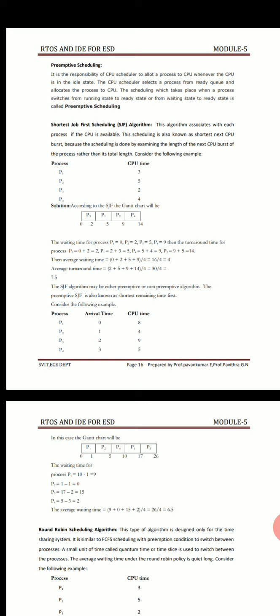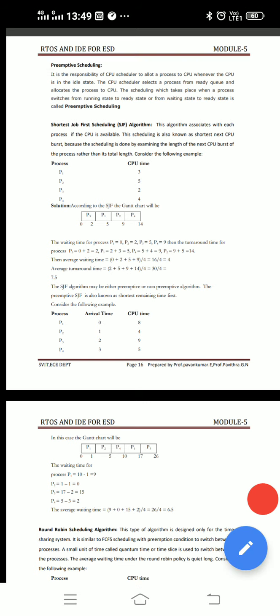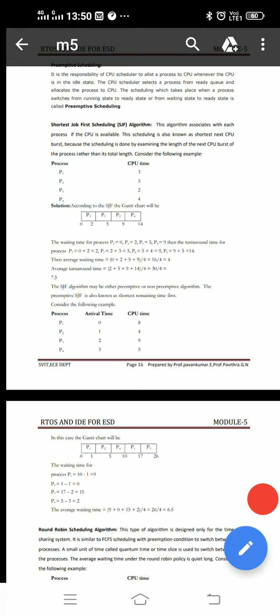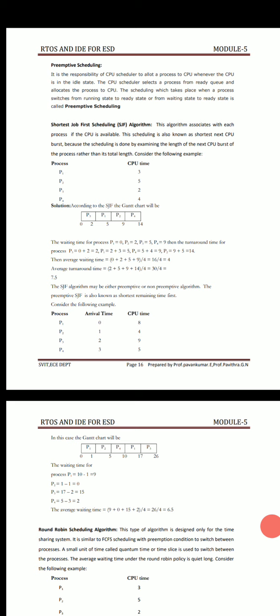So we have different scheduling algorithms. The first one is the shortest job first scheduling algorithm. In this algorithm, we associate with each process, if the process is available, which means if the CPU is in idle state, it has to execute the processes.